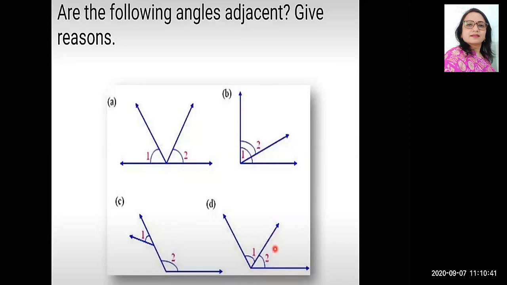Very good. This angle 1 and angle 2 are adjacent angles because they have a common vertex, common arm, and they both have separate interiors also. So these angles are adjacent angles. Very good answer.